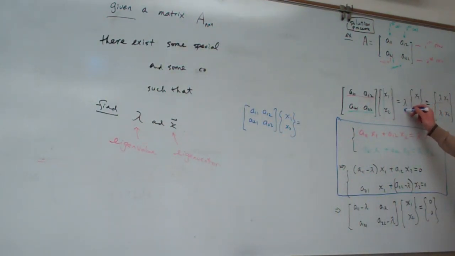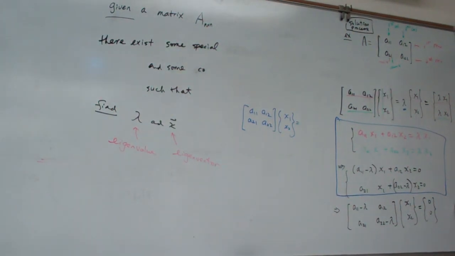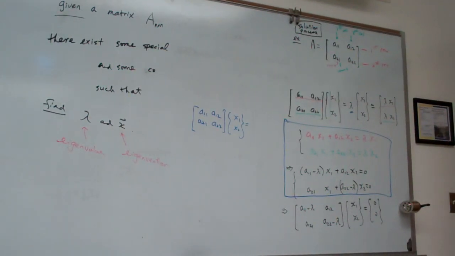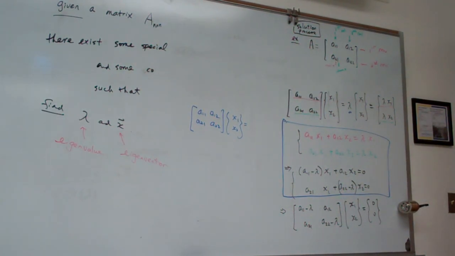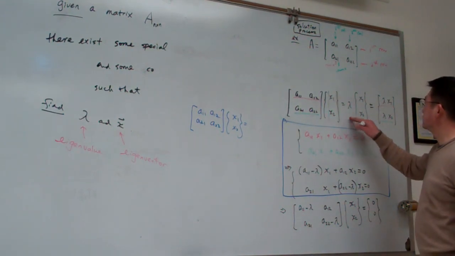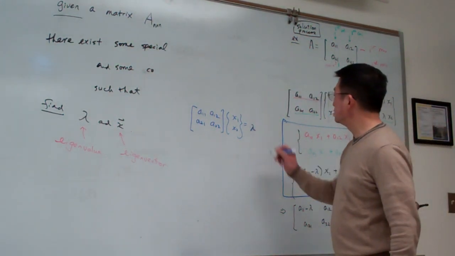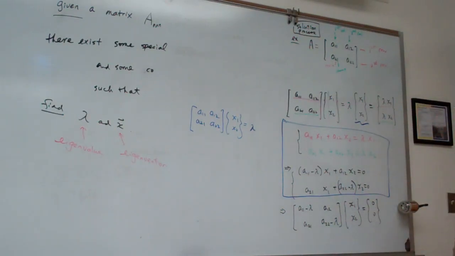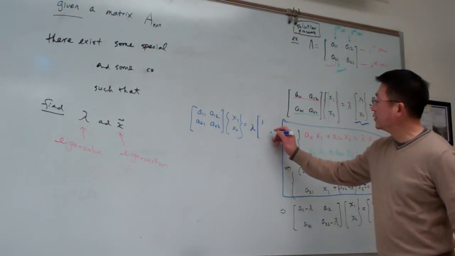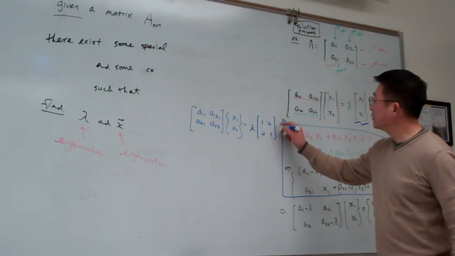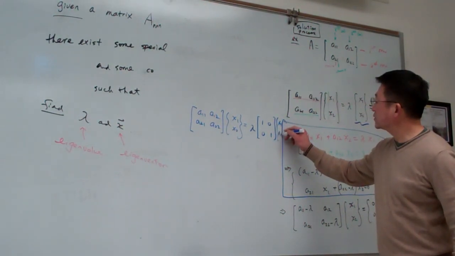The lambda matrix, these vectors, can be described by 1, 1, 0, 0, x1, x2.